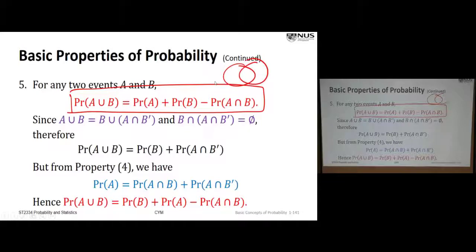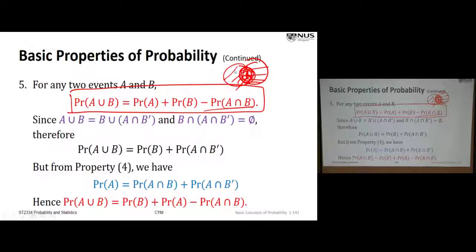Because if you look at probability of A, you have this part. Probability of B involves this part too. And this part here, we count it twice. In calculating probability of A, we consider these outcomes. In calculating probability of B, we also include this part. So this part is double counted, and that's why we have to subtract it out.